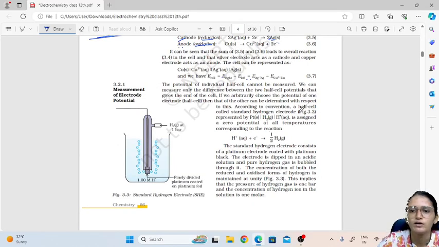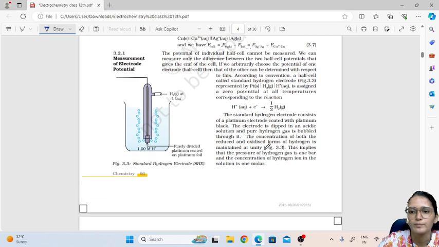So according to convention, the half cell called standard hydrogen electrode is represented by platinum, H2, H plus. Platinum is used over here, okay, finely divided platinum coated on platinum foil. Since platinum is inert, it will not react, that's why it is used.